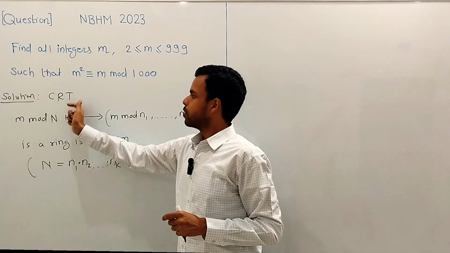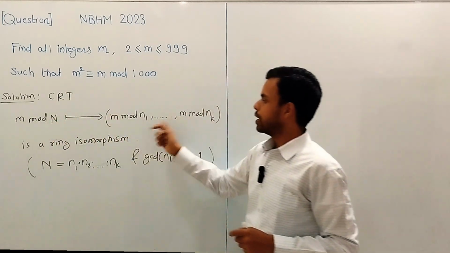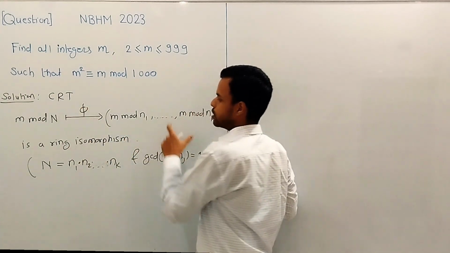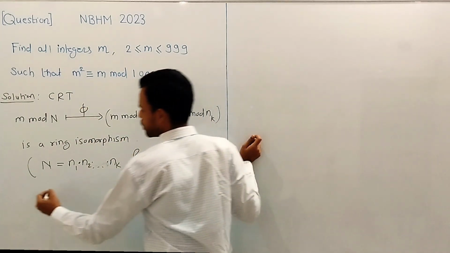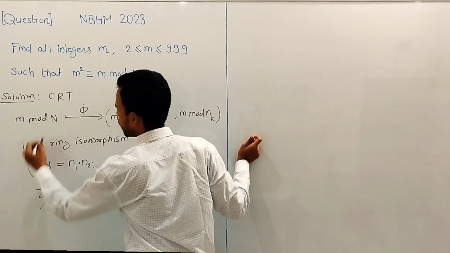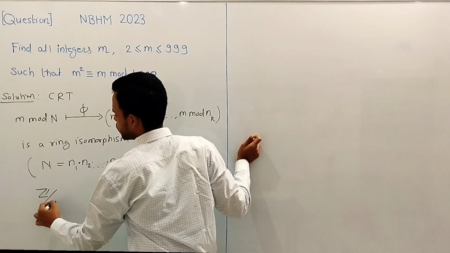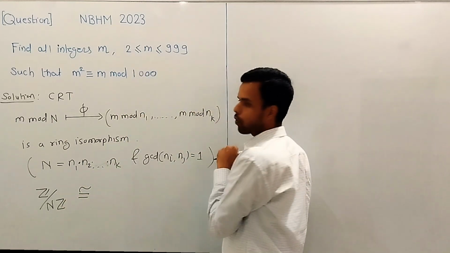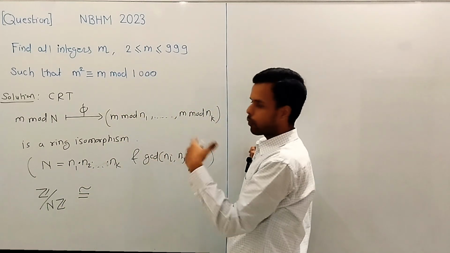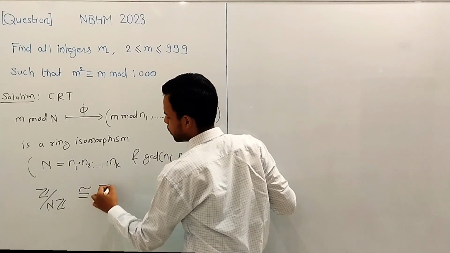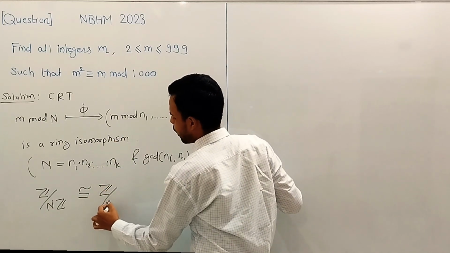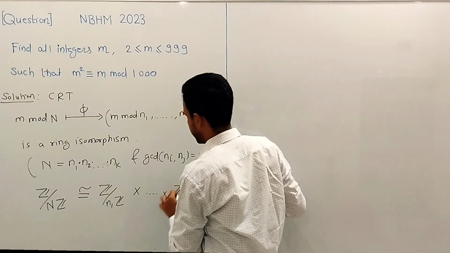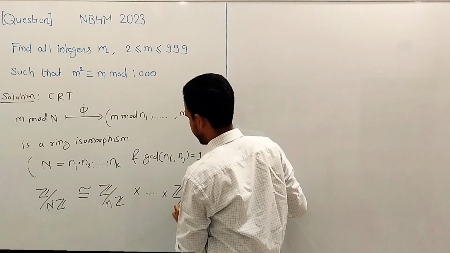So by the Chinese remainder theorem, this mapping is a ring isomorphism. Let's denote this mapping by phi. So by the Chinese remainder theorem, we have the ring Z by nZ is isomorphic to the direct product of rings Z by n1Z and so on, Z by nkZ.